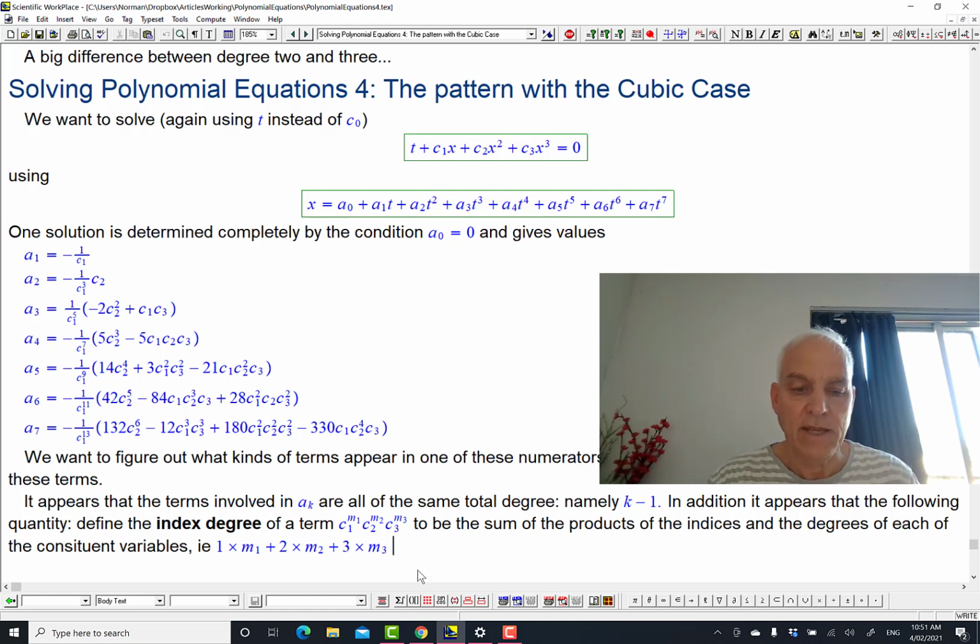Okay, that's the index degree of this term. And we're claiming, in addition, it appears that the following quantity, namely that thing, is constant in each expression, in each of the A_i, let's say.